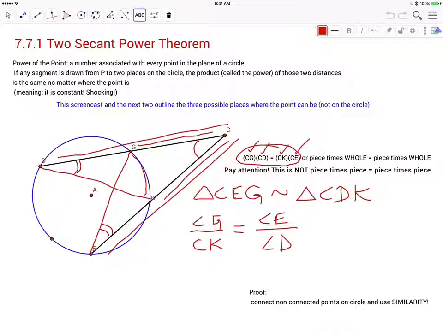And when we cross multiply, we end up with the result that we are looking for right here. Isn't that cool?